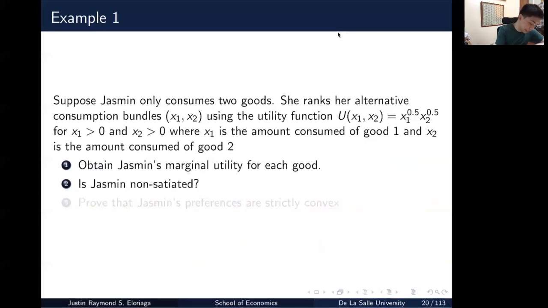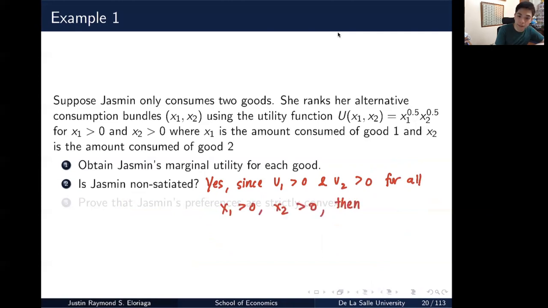So the answer is yes, since U1 is greater than zero and U2 is greater than zero for all x1 greater than zero and x2 greater than zero, the consumer is non-satiated. That's how we formulate our answer here.